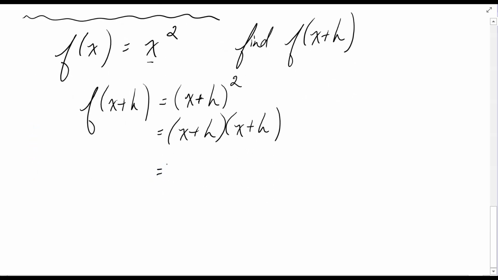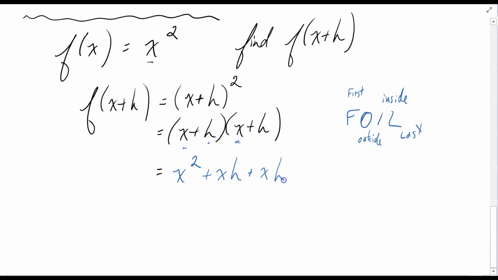And that is, remember we call this FOIL, maybe you use that word as an acronym to help you remember to multiply the first terms, the outside terms, the inside terms, and the last terms. All right, so that's x times x, x squared. X times h, the outside terms, well, that is xh. The inside terms are h times x. Well, that's another xh. And the last terms are h times h.